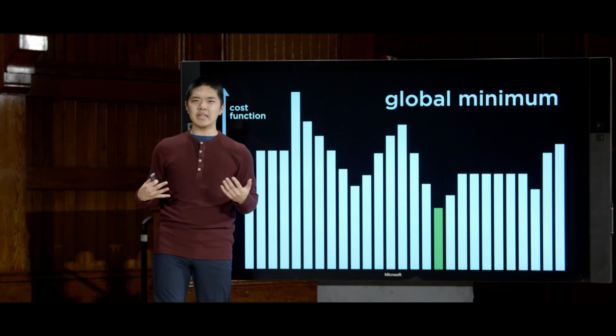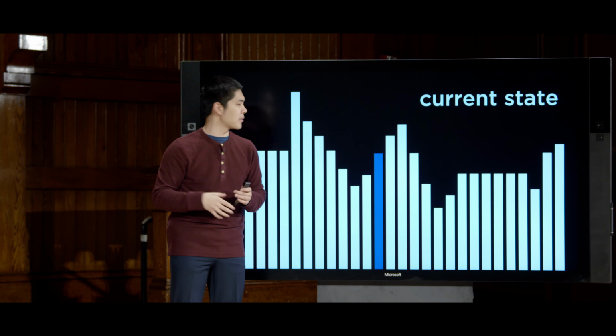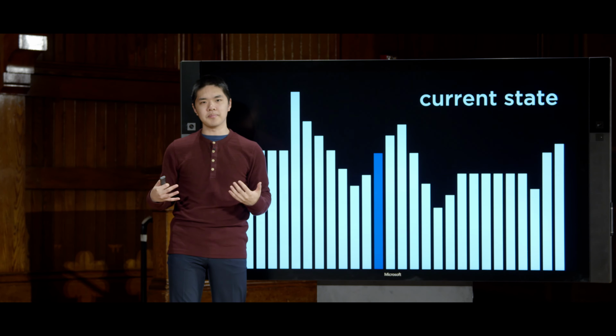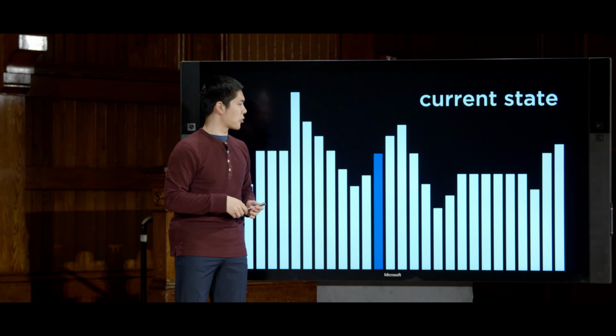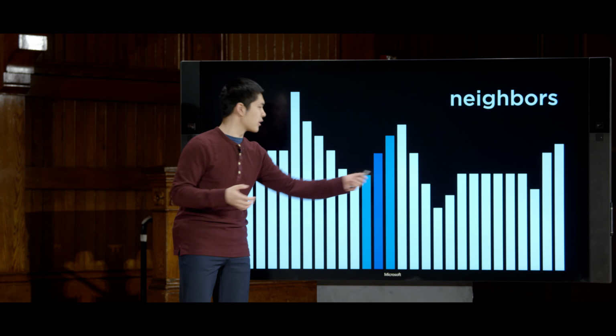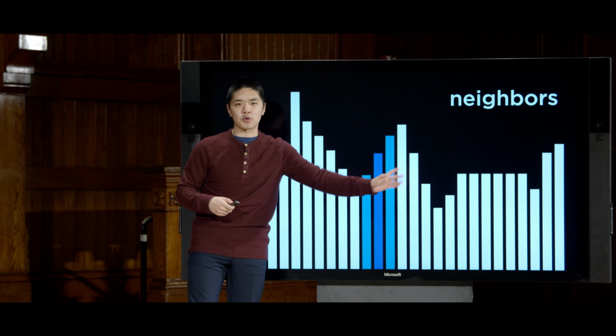And how exactly do we do that? Recall that in local search, we generally operate this algorithm by maintaining just a single state, just some current state represented inside of some node, maybe inside of a data structure, where we're keeping track of where we are currently. And then ultimately what we're going to do is from that state, move to one of its neighbor states. So in this case, represented in this one-dimensional space by just the state immediately to the left or to the right of it.